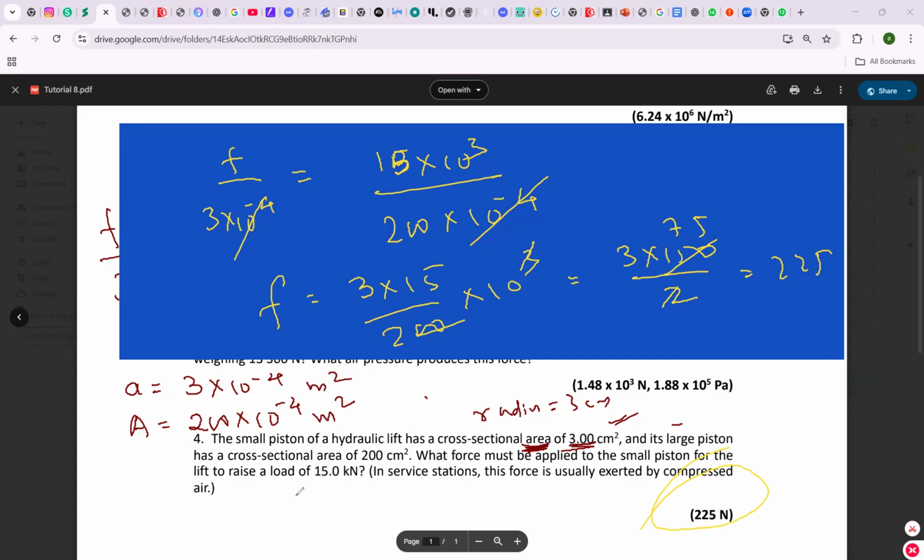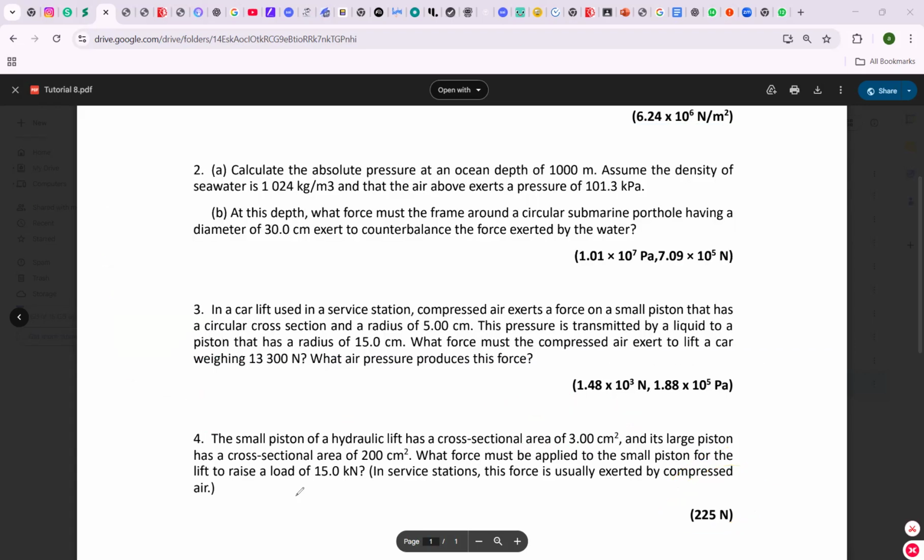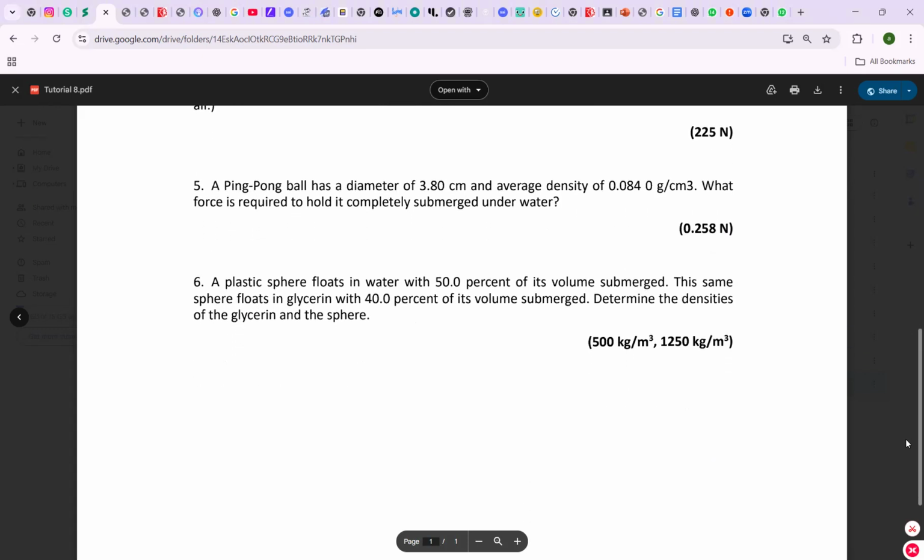So we have seen Pascal's law, hydraulic lift, absolute pressure, atmospheric pressure, gauge pressure, force, pressure definition, and pressure is equal to rho gh. What are the other questions? I have another class now. Show me the other questions.